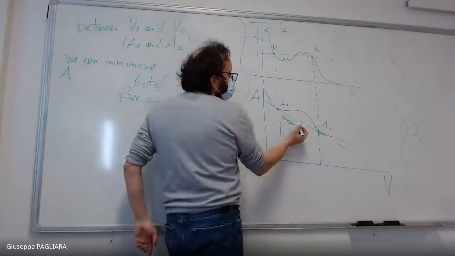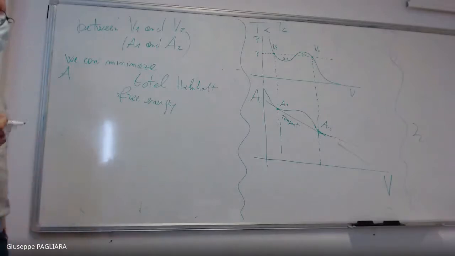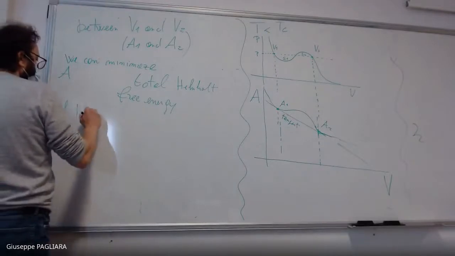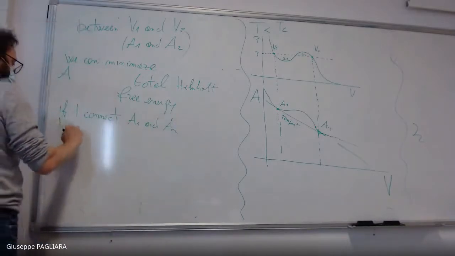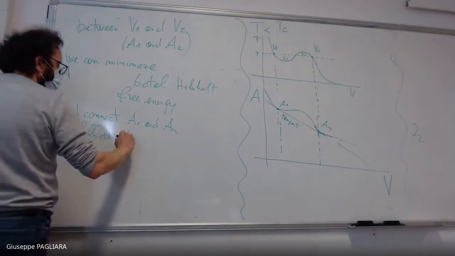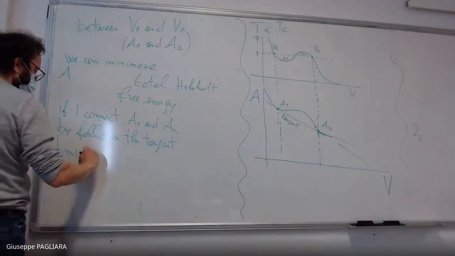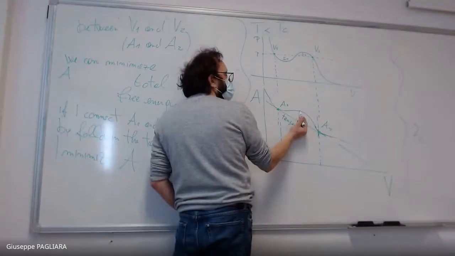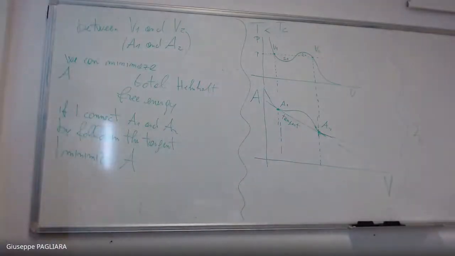But actually, you see that if I follow the tangent instead of this line, I get a smaller value of A. So if I connect A1 and A2 by following the tangent, I minimize A. Instead of staying on this branch, I can move on this branch because it realizes a minimum of the Helmholtz free energy, which is the second principle of thermodynamics.